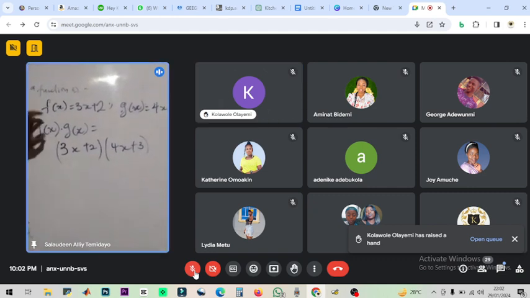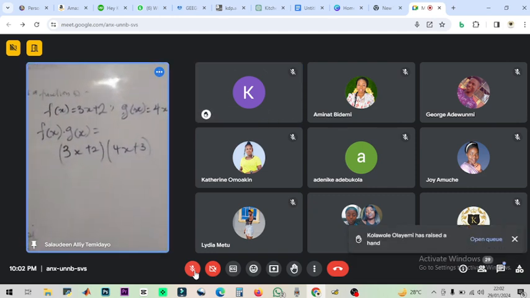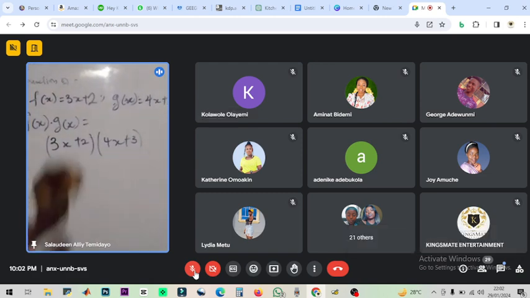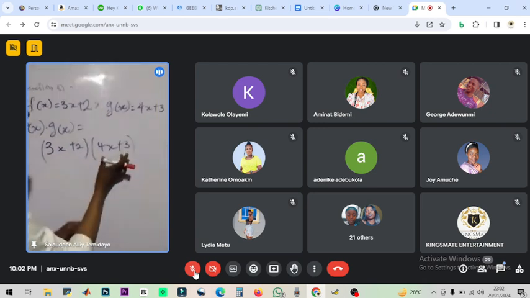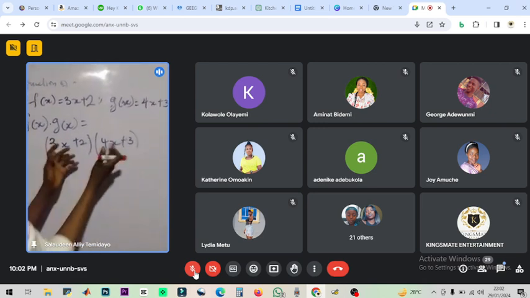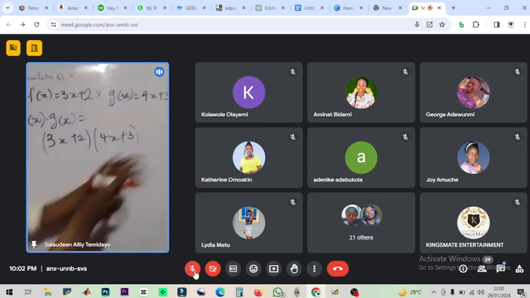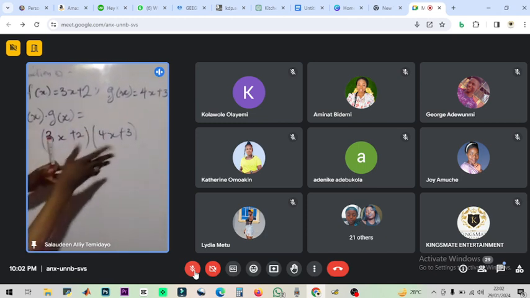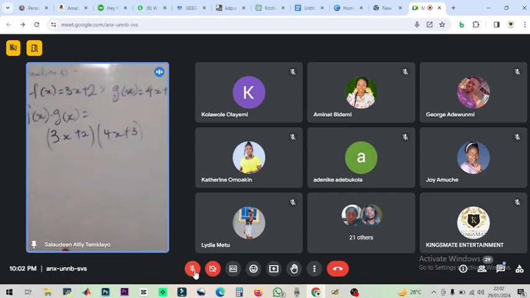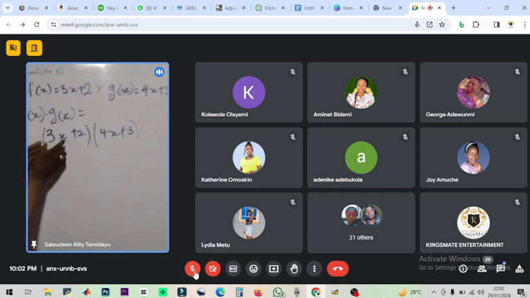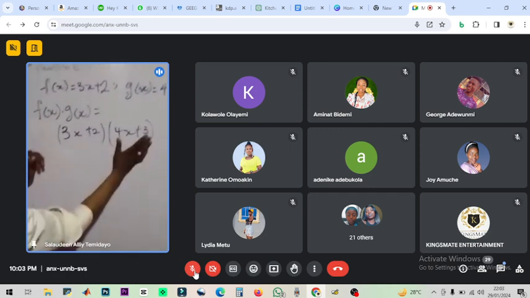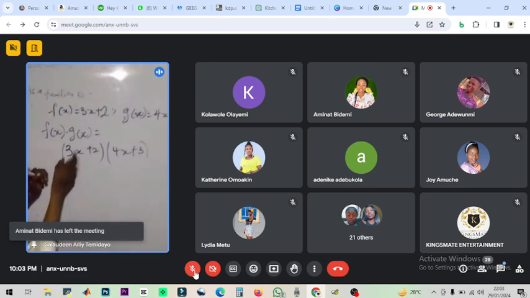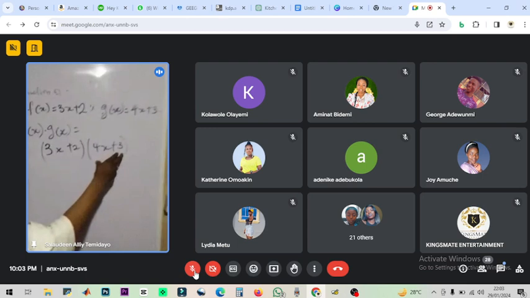You want to multiply f of x by g of x. f of x is 3x plus 2, multiplied by g of x. g of x is 4x plus 3. You are multiplying the both of them against each other. Write the both of them in brackets like this. The bracket means multiplication, right? Take the first element in the first bracket to multiply all the elements in the second bracket.